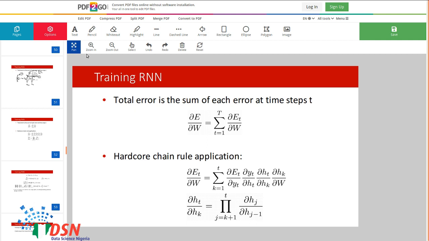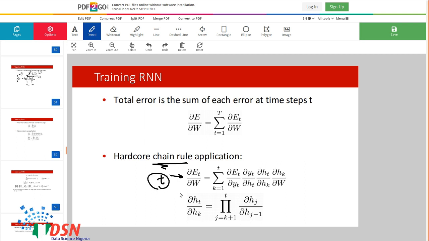Now let's use the chain rule that we know to get some interesting results.